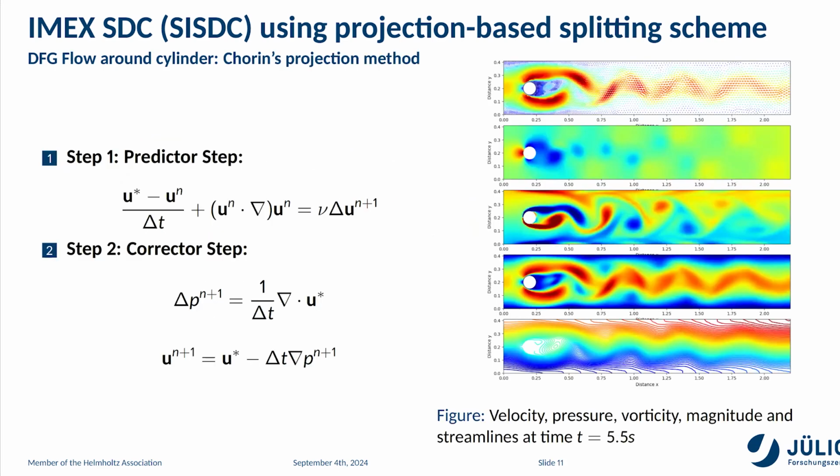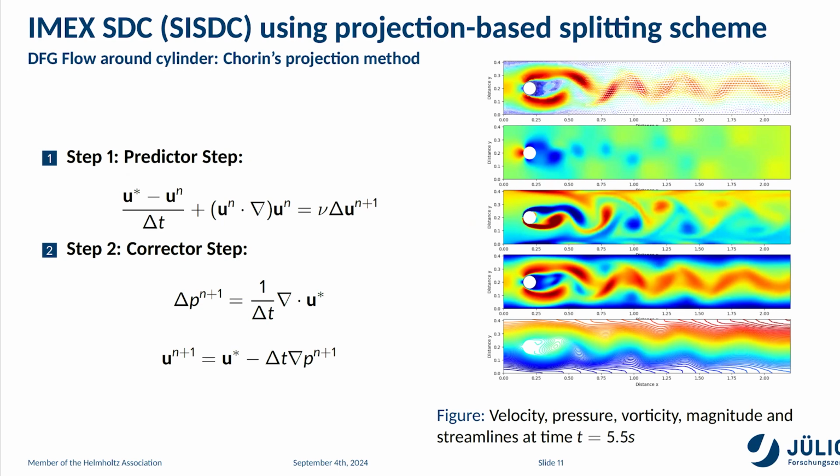Before going to SDC, the easiest way to handle the Navier-Stokes equations is to use a projection scheme. Here I'm showing the easiest projection scheme, the first one by Chorin. For the projection scheme, we have to decouple the velocity and the pressure.